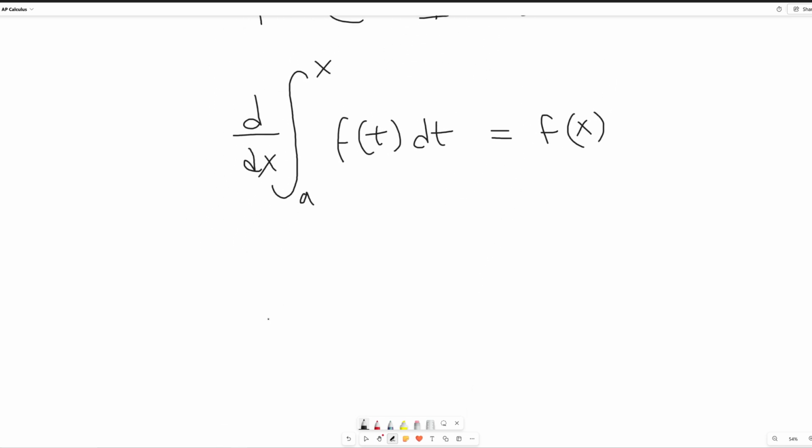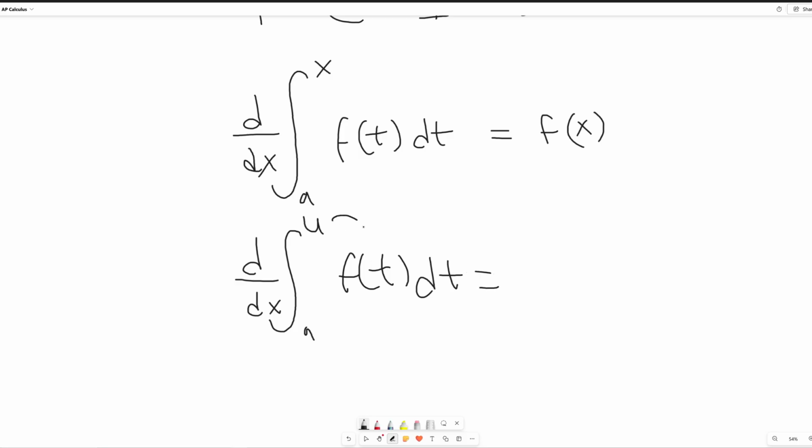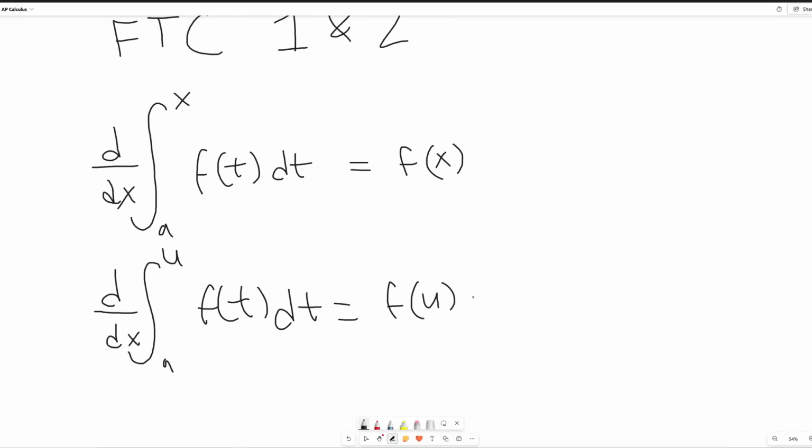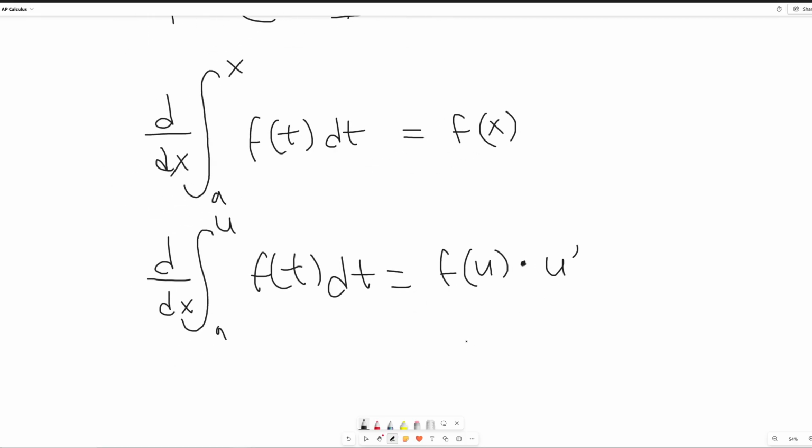one thing that people forget about is that if you have a to u, we're going to say this is some function u, some nonlinear function u. When you take the derivative, you not only plug this function u into here, or linear, actually, it can be, f of u, you have to multiply it by the derivative of u.